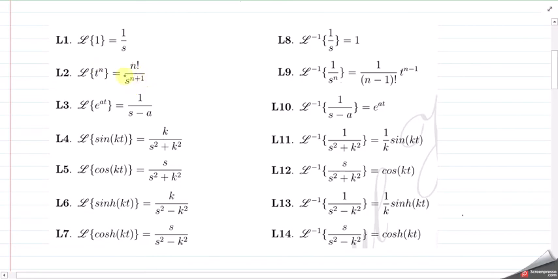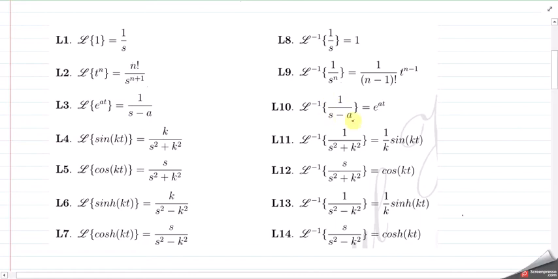So let's say if this is s power 4, this will be 3 factorial and this will be 3. So if we take inverse of 1 over s power n, then this will be 1 over n minus 1 factorial, t power n minus 1. So just this one goes down here, this one goes down here, and the rest is just simple shift.